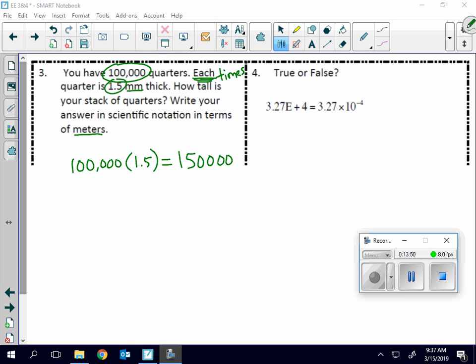Okay, so that's 150,000 millimeters. We haven't really talked about this yet, but we have to change it to meters.